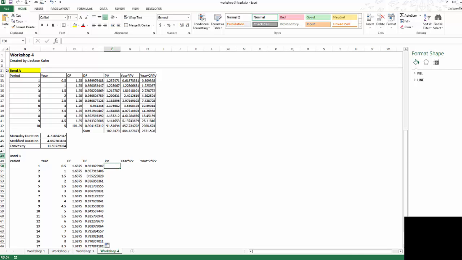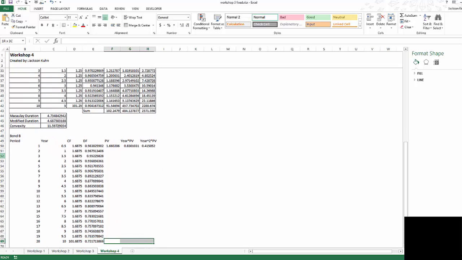Our present value will be equal to our discount factor times our cash flow. Our year times PV will just be our PV times our year. And again, now we're just going to raise our year to the second power. Control-Shift, fill the rest there.